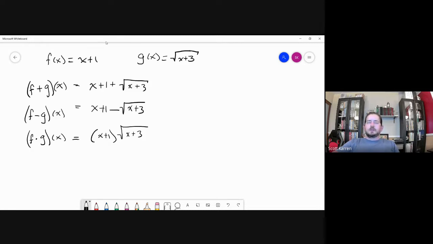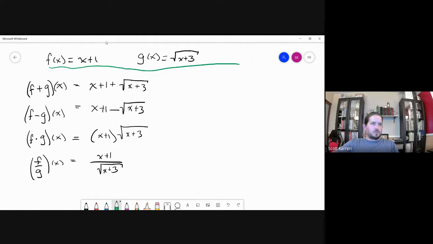Okay. And then f divided by g of x is equal to f of x divided by g of x. We might be asked about the domain of each of these, right?